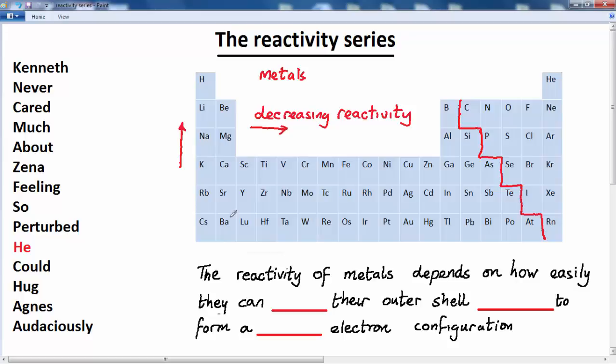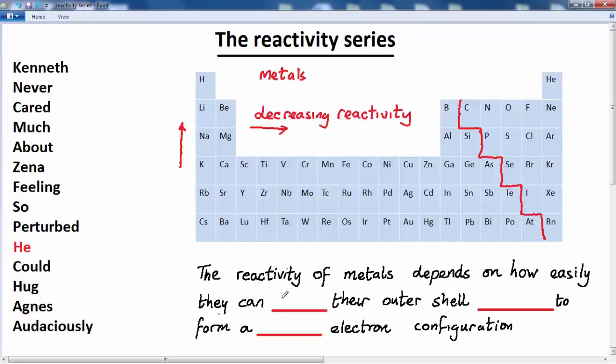Okay, what actually affects how reactive a metal is? Well, that's to do with its atomic structure. Again, you can go back and have a look at the lesson on atomic structure and reactivity in the section on atoms and elements. But the reactivity depends upon how easily an atom can lose electrons from its outer shell to form a stable electronic configuration.